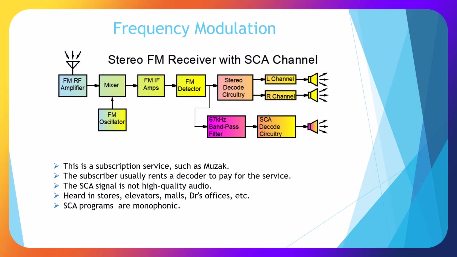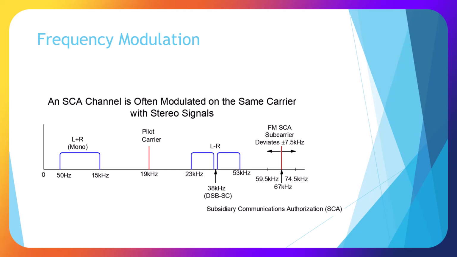So what we have is a standard FM here, and then it goes to a stereo decode circuit, so you get left and right channels. And then we peel off the signal and it goes through a 67 kilohertz bandpass, and then we go to the decode circuitry. Okay, here's a frequency diagram.